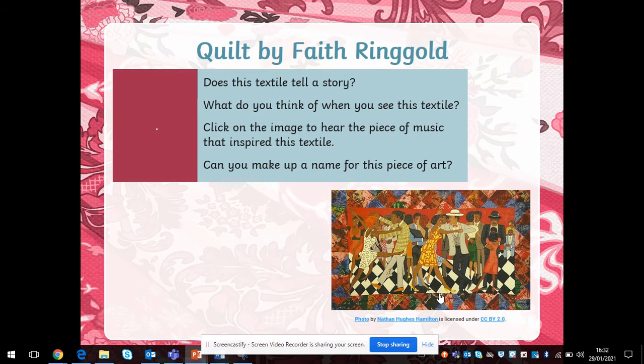Click on the image to hear a piece of music that inspired this textile, and can you make up a name for this piece of art? So let's have a little look and a little listen. Let's hope it works.